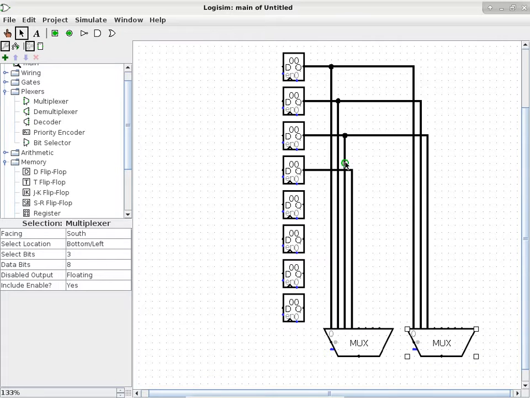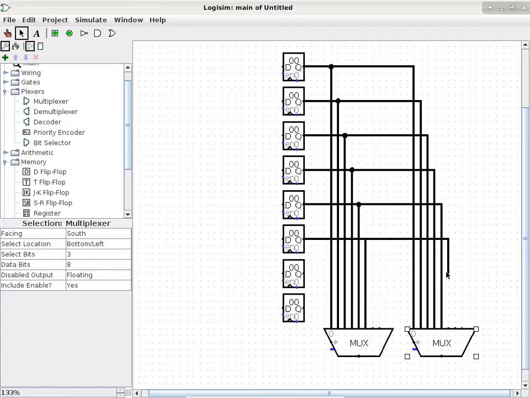The rest of this is kind of boring. So, are there any questions when I'm doing something that is kind of boring? Yep. Can we use multiplexers in our next assignment? Say again?